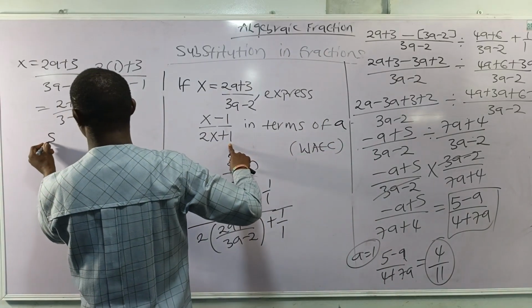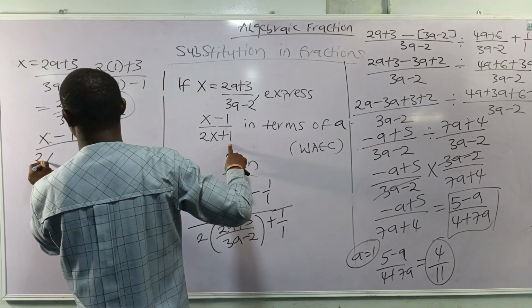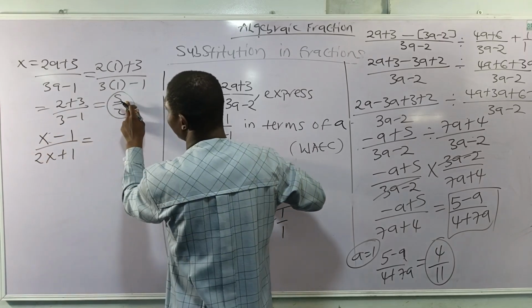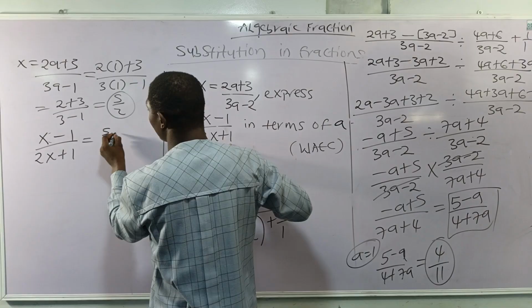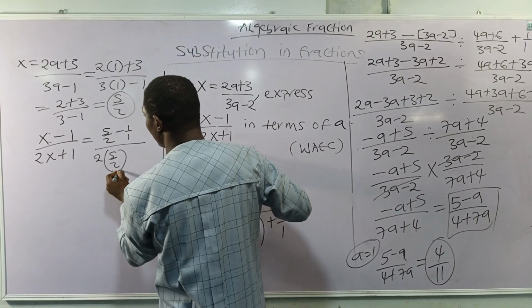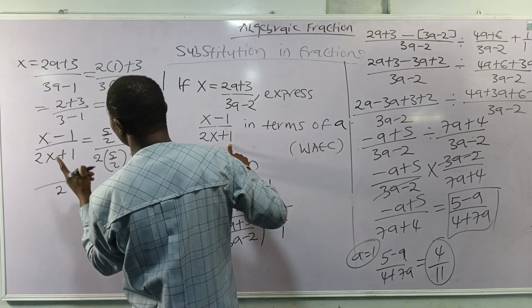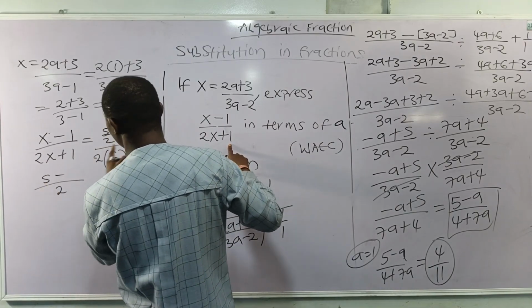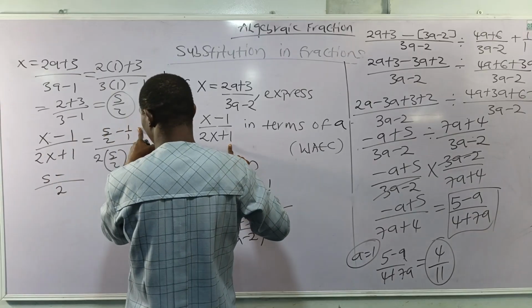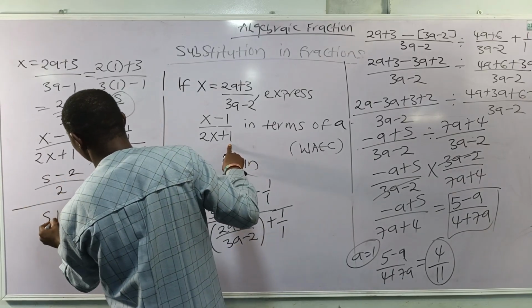So I have x minus 1 all over 2x plus 1. x is 5 over 2. So I have 5 over 2 minus 1 over 1 divided by 2 bracket 5 over 2 plus 1. The LCM of 2 and 1 will give me 2. 2 into 2, 1, 1 times 5 is 5. Minus 1 into 2, 2. 2 times 1 is 2. The 2 can cancel to have 5 plus 1.